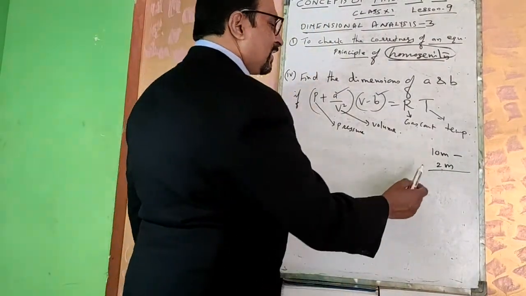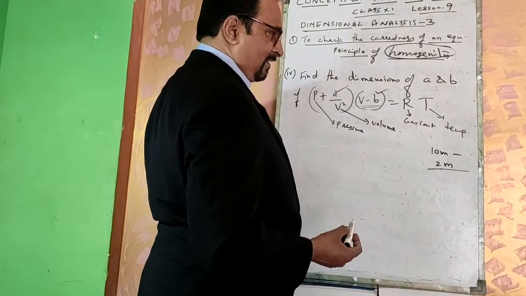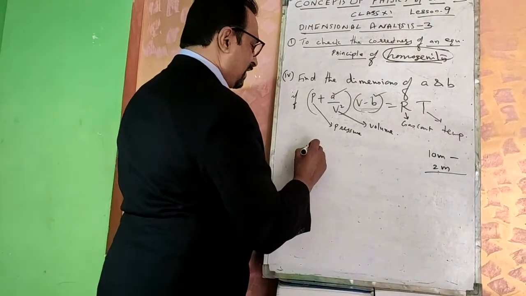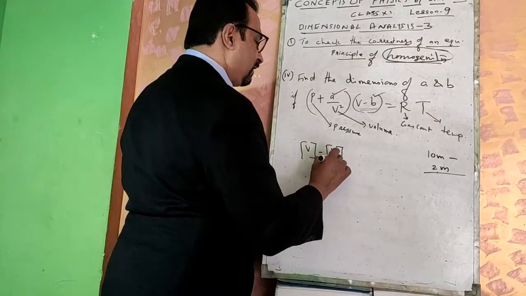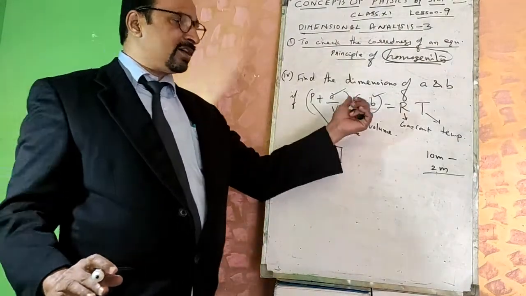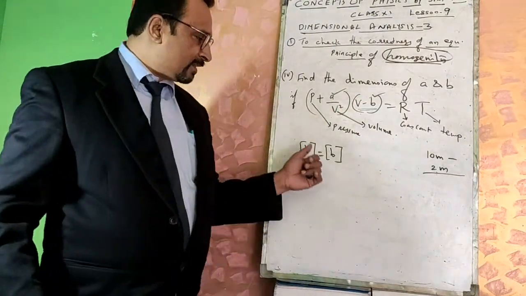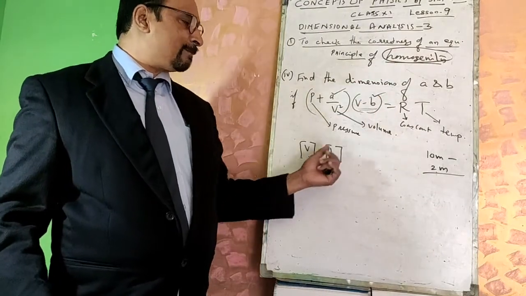So 10 meter minus 2 meter. V minus B means the dimensional formula for V and the dimensional formula for B must be same. There is no second option. Both the terms must have the same dimensional formula. Then only subtraction is possible. That is called principle of homogeneity. That is what I apply.